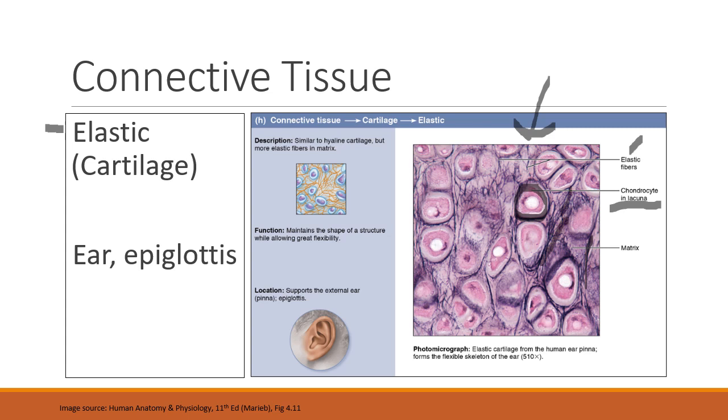Those are elastic fibers. So that gives that cartilage a little more flexibility. So here's your example of elastic cartilage, your ear. If you notice, your ear is much more flexible compared to, say, the tip of your nose. That's because it's elastic cartilage.